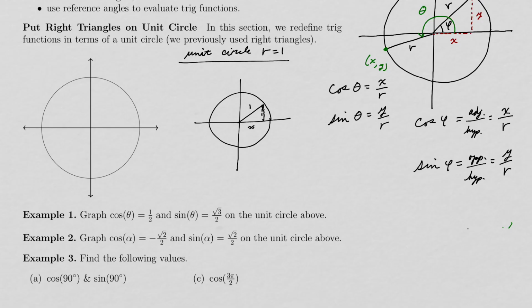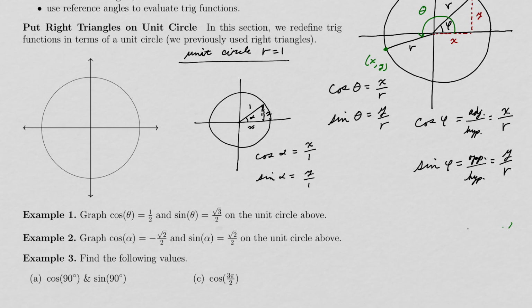So this is x, this is y. So cosine of the angle, let me call it alpha, is going to be the adjacent x over the hypotenuse, which in this case is 1. And then sine of alpha is going to be y over the hypotenuse, which is the radius, which is also 1.